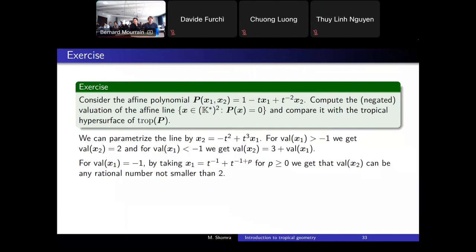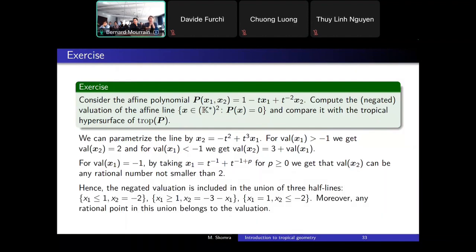Okay. So what is the conclusion of this exercise? Here I will pass to negated valuation. The negated valuation is certainly included in the union of three half-lines. That's the first half-line, x1 smaller than 1, x2 equals -1. That's the line coming from this first case.